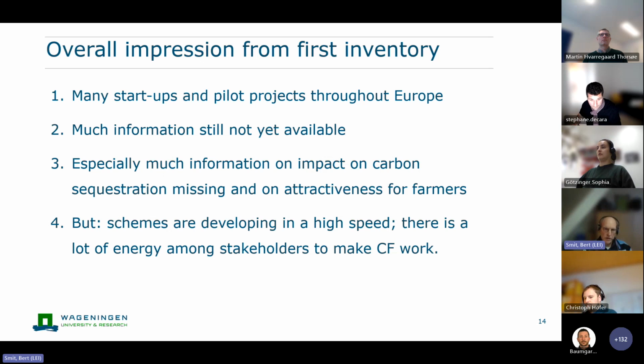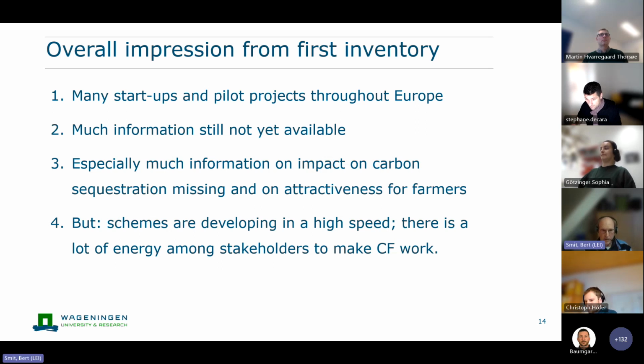Especially much information was missing on the impact on carbon sequestration, but also on the attractiveness for farmers. And of course, at least in the Netherlands, we see that a lot of farmers are interested in carbon farming, but they want to know if it's attractive for them.